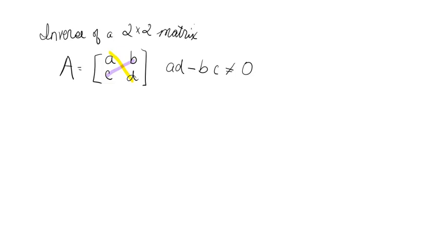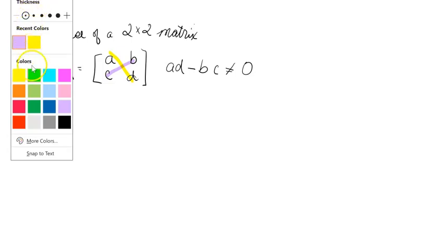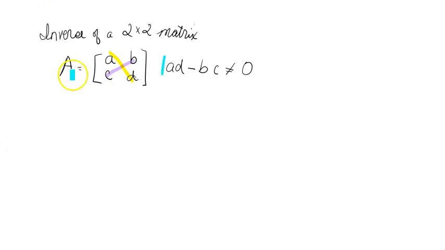And this part right here that I have just highlighted, this thing that I'm boxing in blue, is called the determinant of a 2 by 2 matrix.